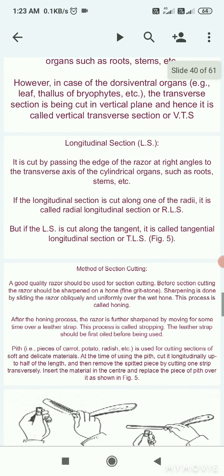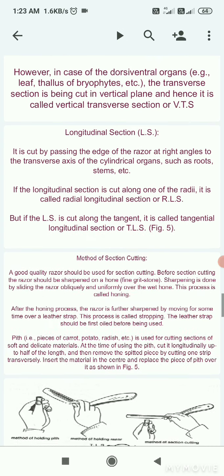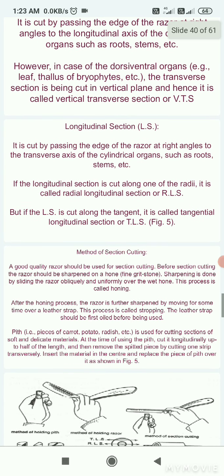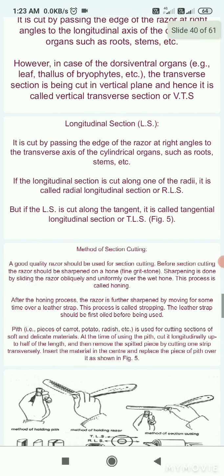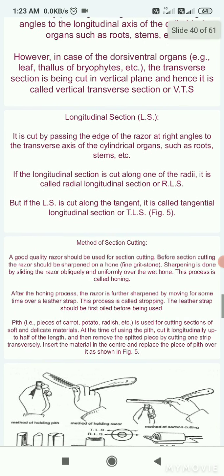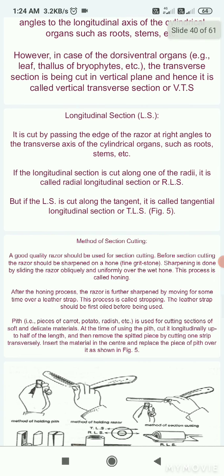Then longitudinal section, it is a cut made by passing the edge of a razor blade at right angles to the transverse axis of cylindrical organs such as root and stem. If the longitudinal section is cut along one of the radii, it is called radial longitudinal section, means from the center towards the periphery.